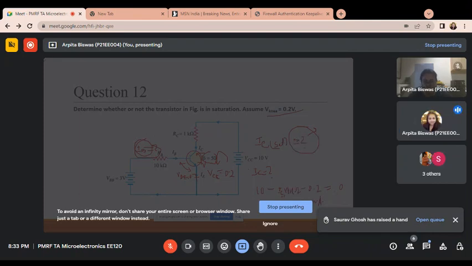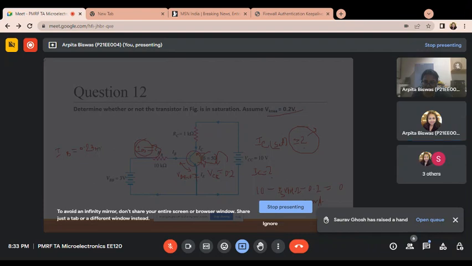Then you got that, and then you have to find out the IB value. IB is 280 microamps, madam. Now IB is 0.23 milliampere. How do you calculate it?